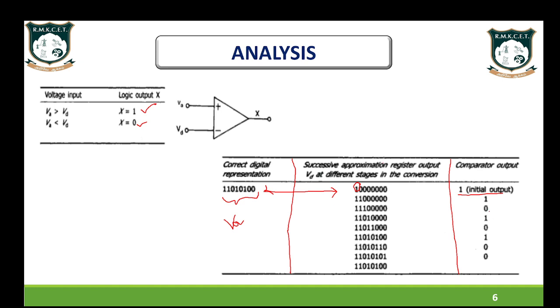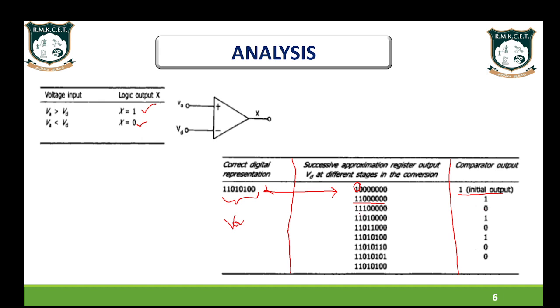First condition, VA is less than VD. When my VA is less than VD, we turn the next bit, that is my second bit, to 1. Compare VA and VD again. If it is less than, we provide 0.